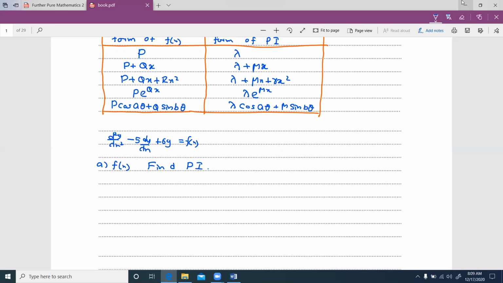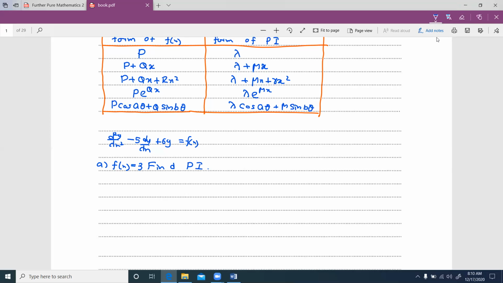Initially, we know that according to this, f(x) equals 3. That is the first type of the table. If so, we have to select the particular integral in this format, so we will get the particular integral as lambda.